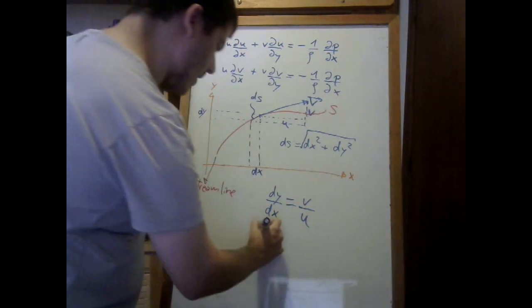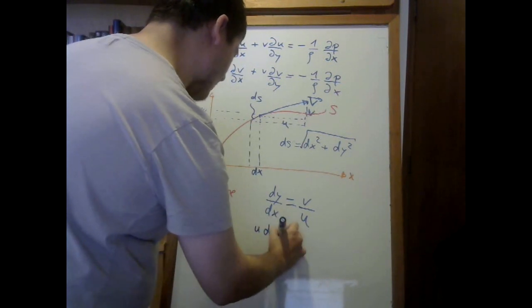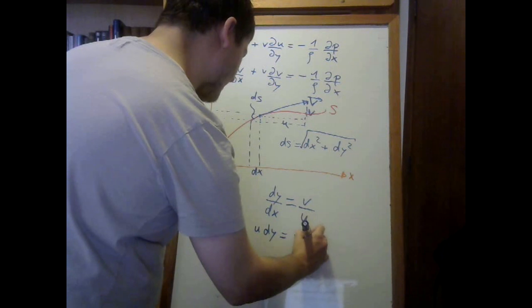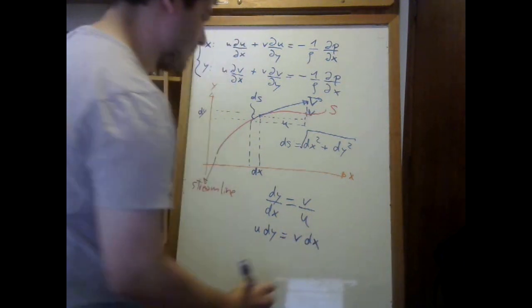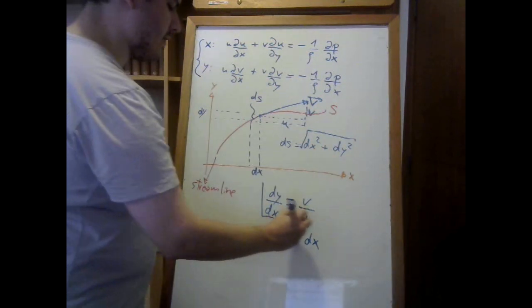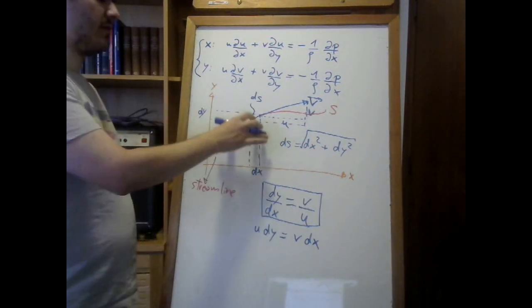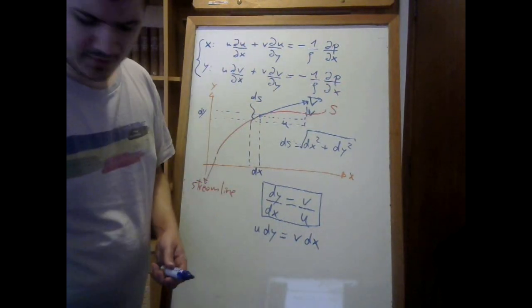Okay, so what we have is u dy equals v dx. This relationship comes from these two similar triangles here, right?